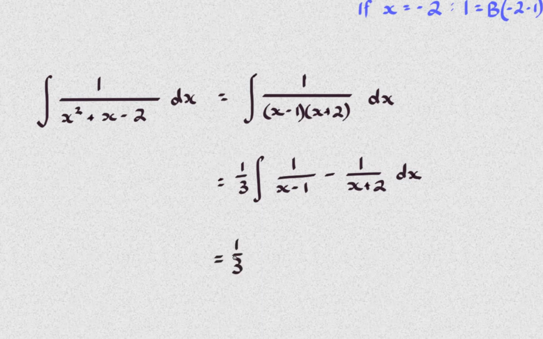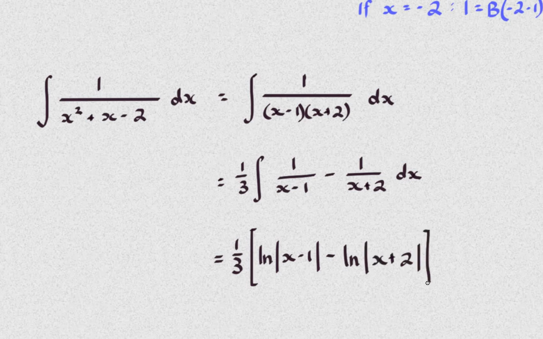So we get 1/3, we'll keep that out the front. This one becomes the natural log of the absolute value of x minus 1. And then we need to take away the natural log of x plus 2. There's our plus c because it's indefinite.